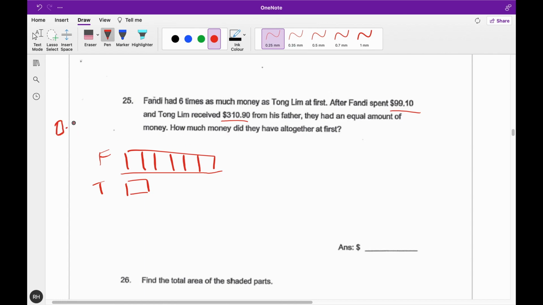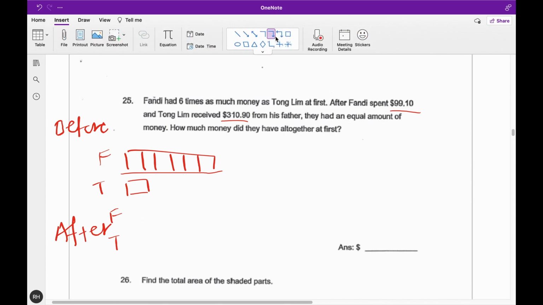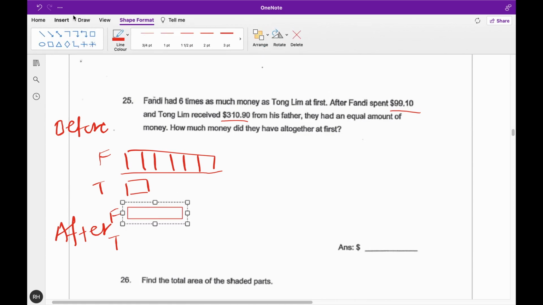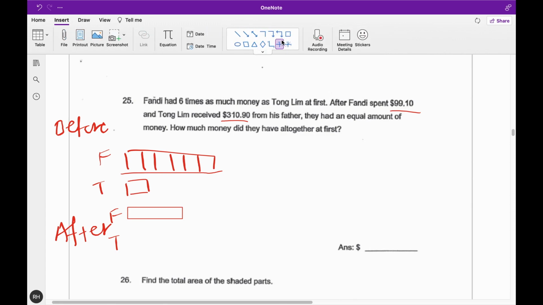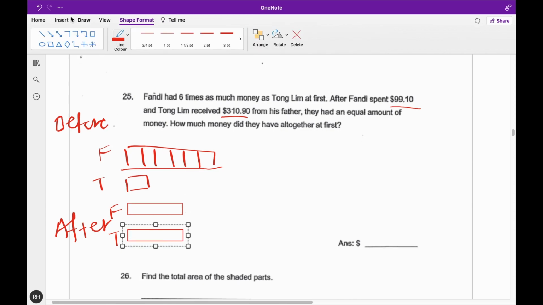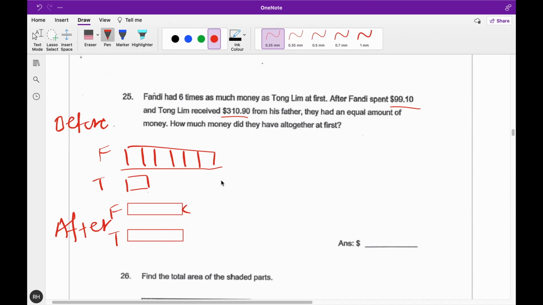Okay, so this is before, and then we have after. So Fandi spends 99, which means the model will become shorter. Okay, so it becomes shorter, presumably let's just assume this length. And then Tong Lim would increase from here to here.